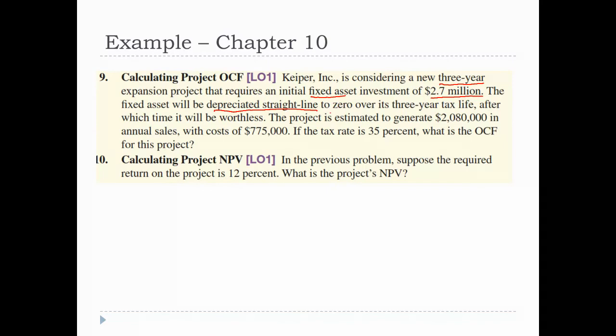There's a good bit of information in the chapter about depreciation and how it operates, and I hope that in your financial accounting classes you've had a chance to learn a bit about depreciation and what it represents. Basically, the idea is that $2.7 million expenditure is being recognized in 3 installments over its useful operating life, let's say.